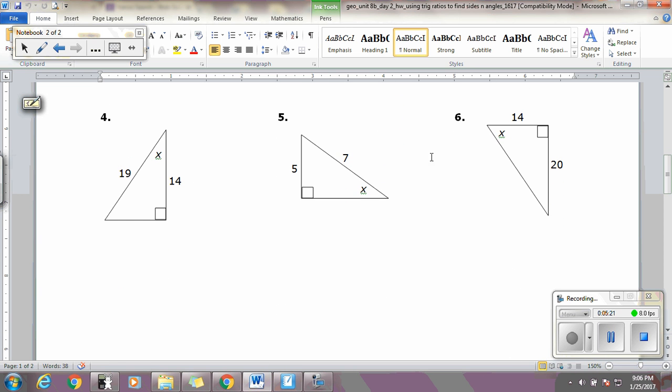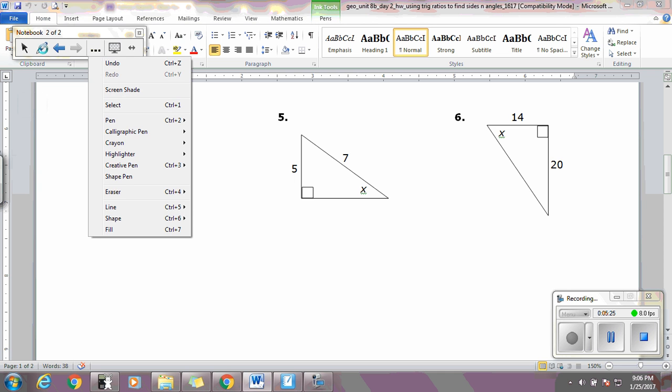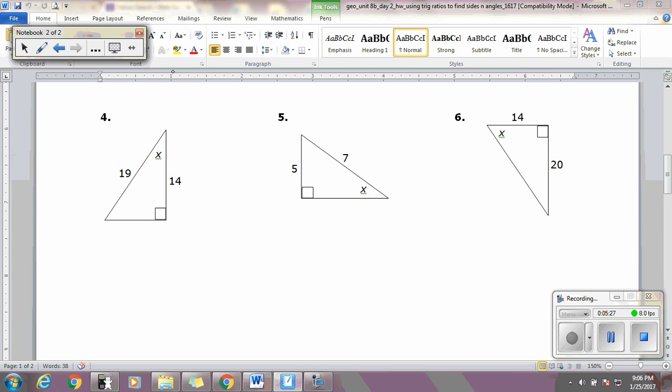On number 5, x is an angle. And according to x's location, 5 represents the opposite side, and 7 represents the hypotenuse. So since I have opposite and the hypotenuse, that means I would write a sine ratio.